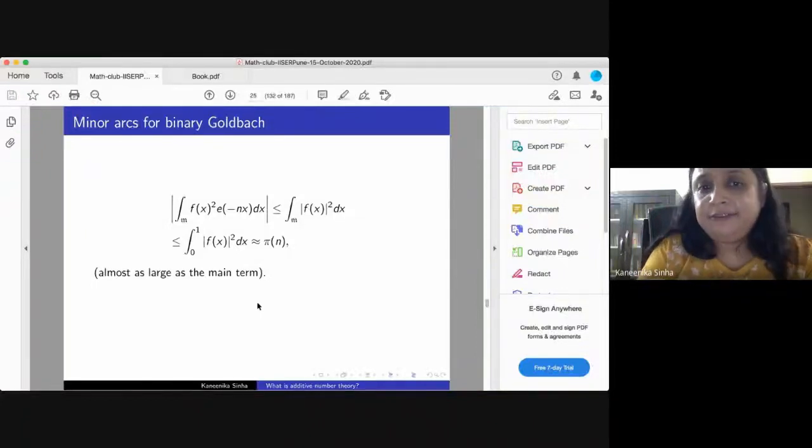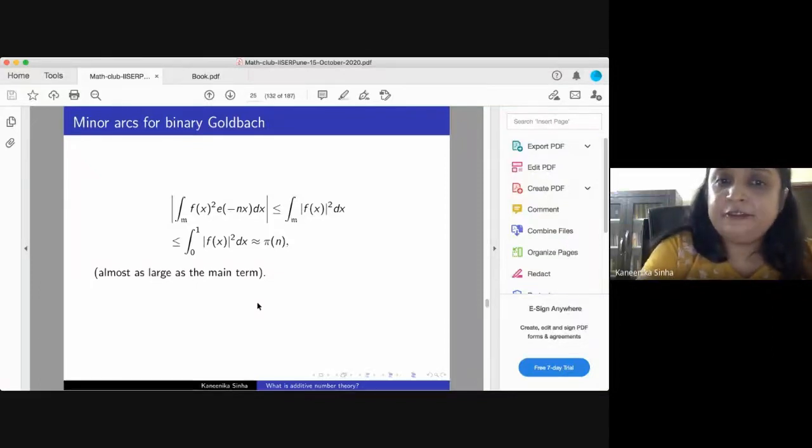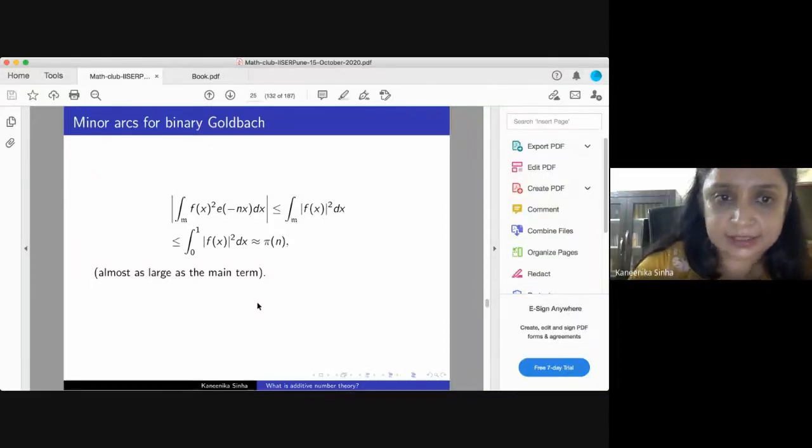Okay, so if you are interested in an upper bound, what you do is you bring the absolute value inside the integral, and because of that, the e of minus nx just disappears. Okay, so you are just left with the integral of absolute f of x squared dx, which is roughly of the same order as the integral of absolute f of x squared dx going over the entire unit interval.